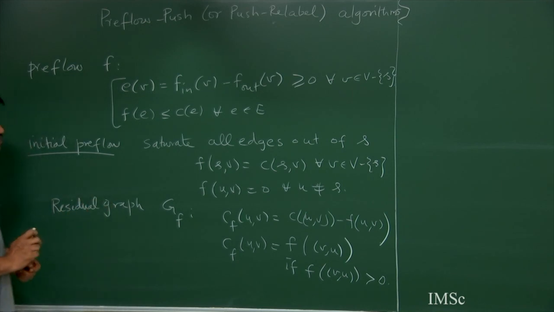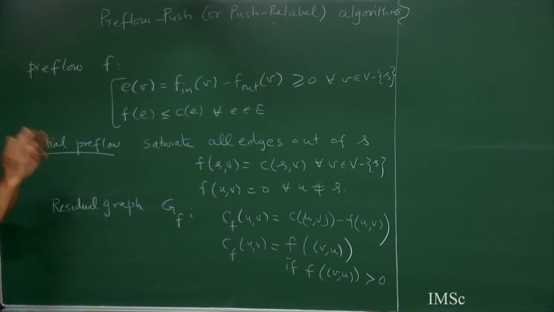Now, what's the idea of this preflow push algorithm? I'm going to set up some more things. We will always maintain that in the residual graph there is no ST path, and we know from the correctness of the Ford-Fulkerson algorithm that if you have a flow where there is no ST path in the residual network, you got the max flow.